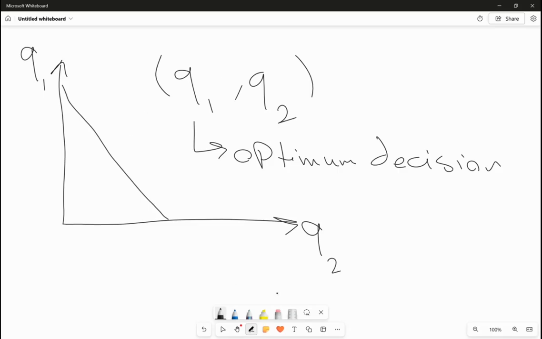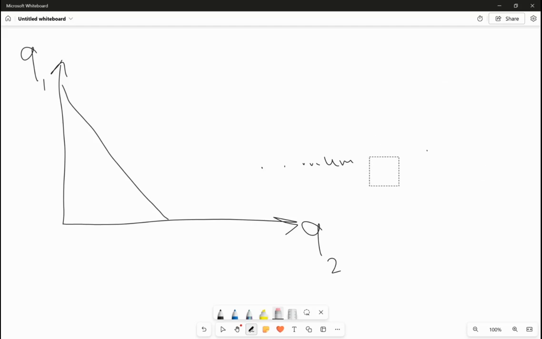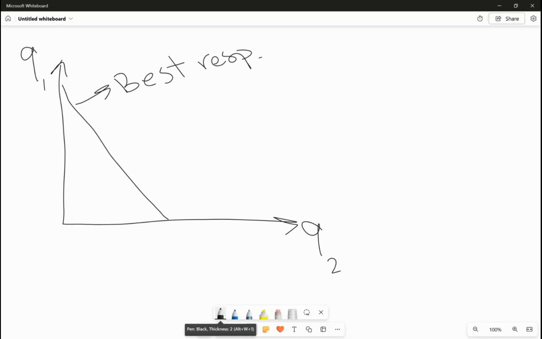That means we call this line the best response function of firm 1, right? Because this is actually how much firm 1 is going to produce to maximize the profit under each value of firm 2, right? And if we put these numbers on a graph, it's going to be a line like this, right? So this is the best response function. We call it the best response function of firm 1.